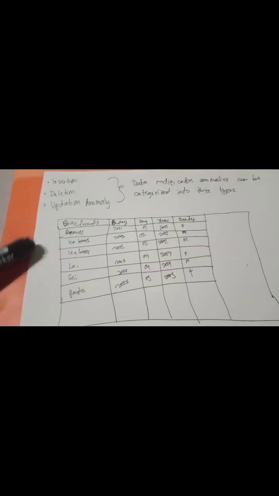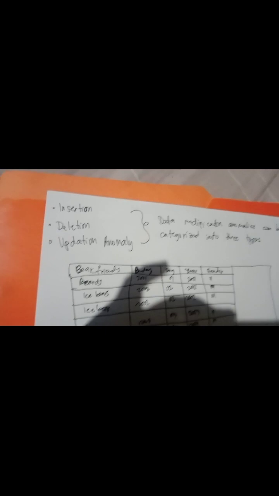And they have an insertion anomaly, which means the Ice Bear column has data in a first normal form that is not allowed to have insertion.